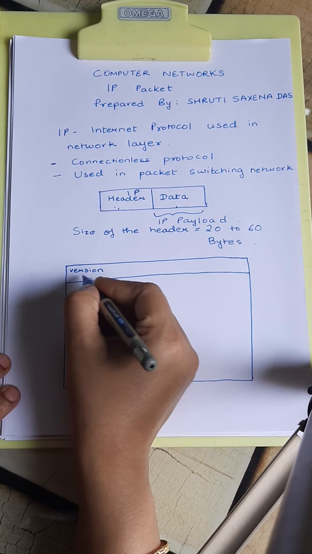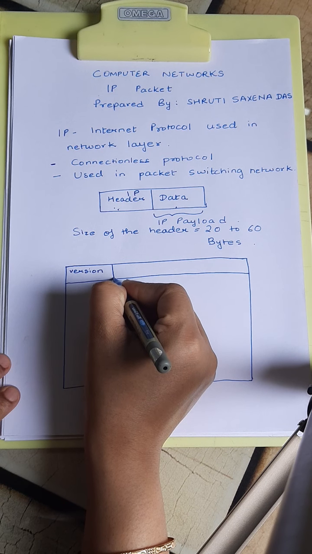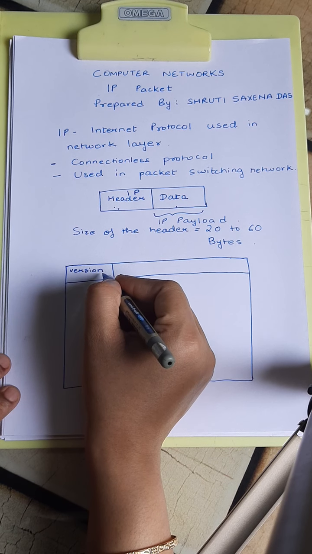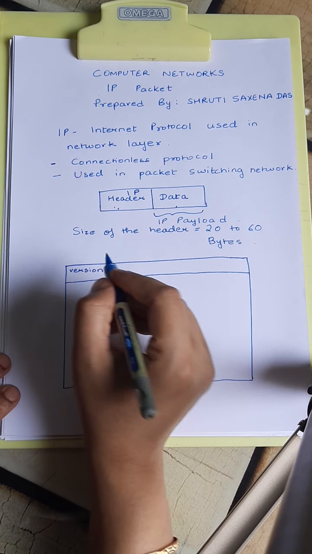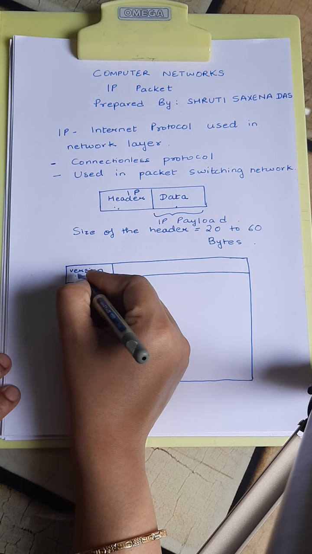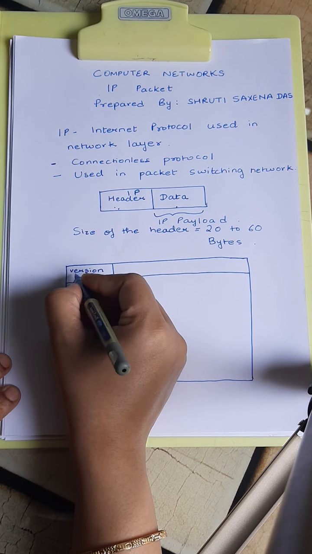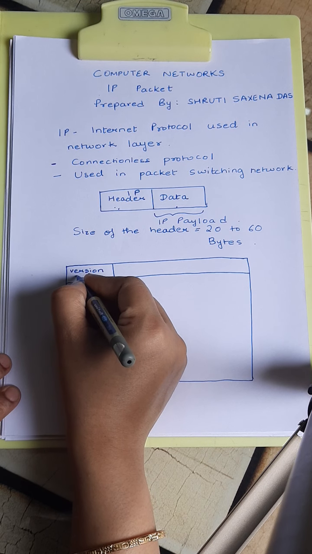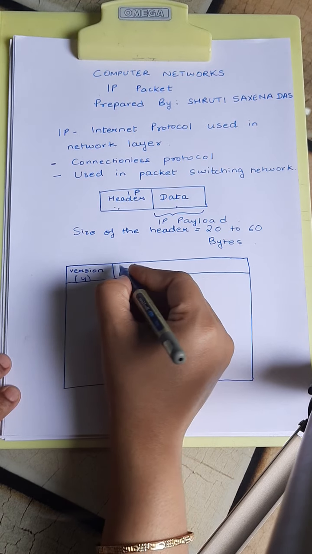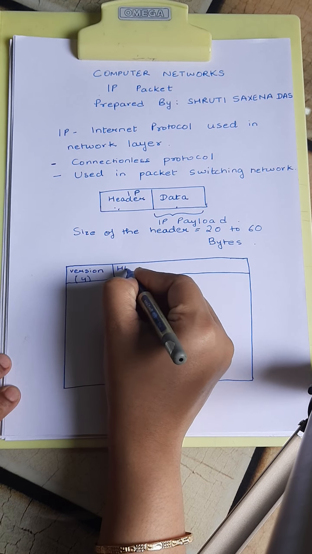So version means which version you are using for internet protocol. In this case the version is 4, since IPv4 means version 4, and this version field is of 4 bits. Then the next one is header length.